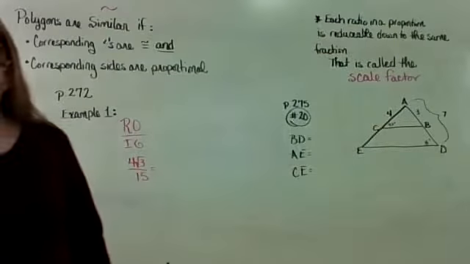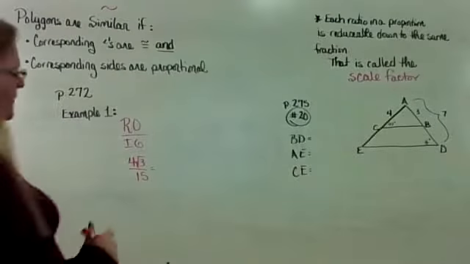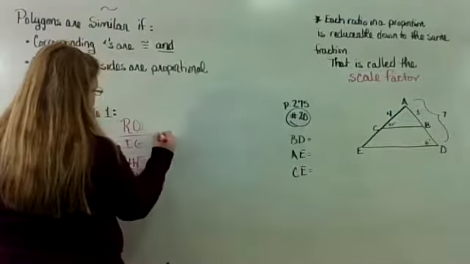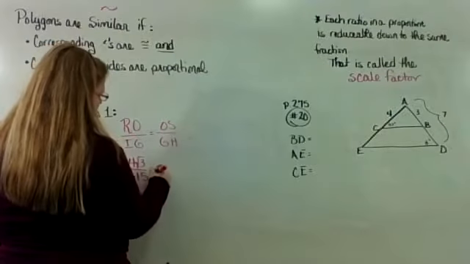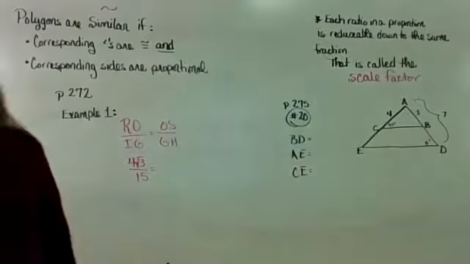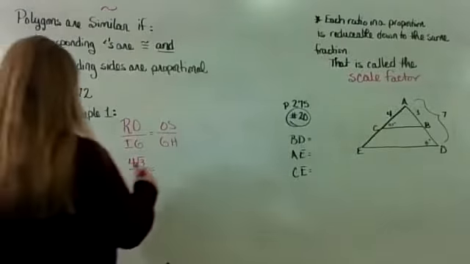Moving on. Going from my hypotenuses, OS is the same thing as GH. OS, they tell me, is 8. GH is 8 square roots of 3.